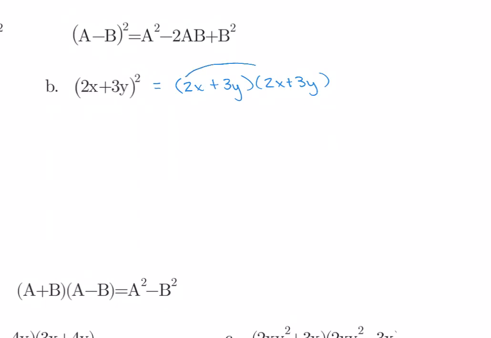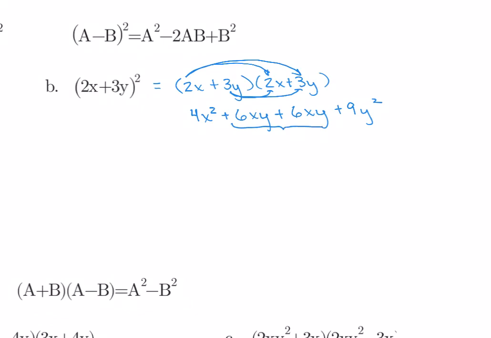If we FOIL, we get 2x times 2x is 4x squared. 2x times 3y is 6xy. 3y times 2x is 6, and again I'm going to put my variables in the same order, so I want to do xy. Then 3y times 3y is 9y squared.